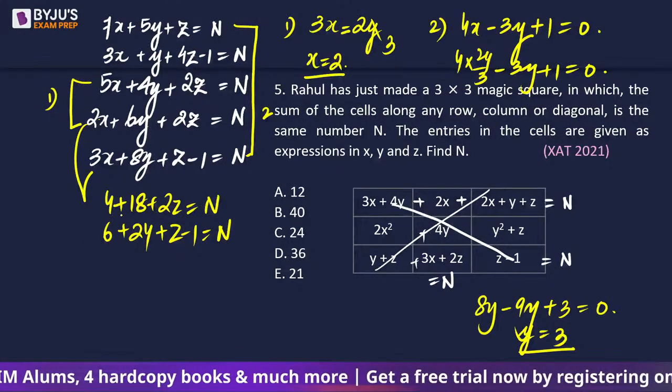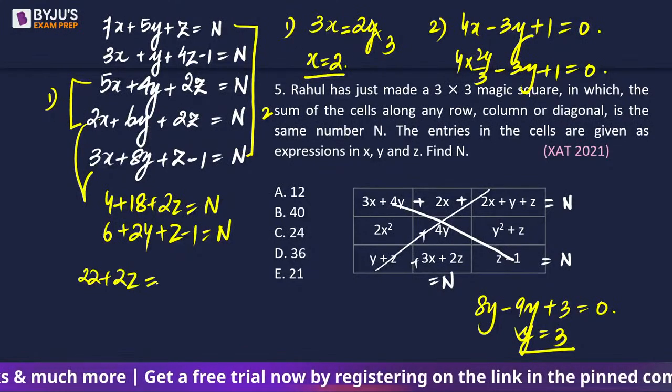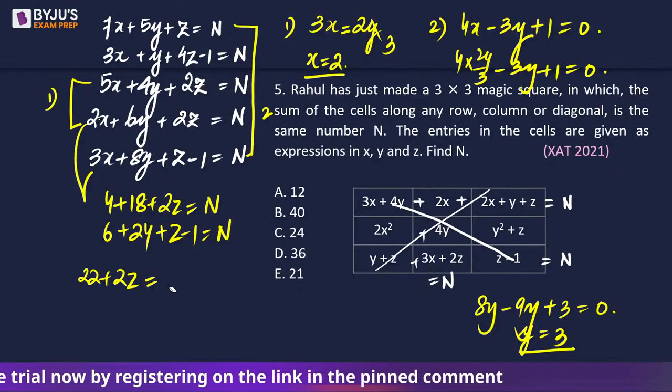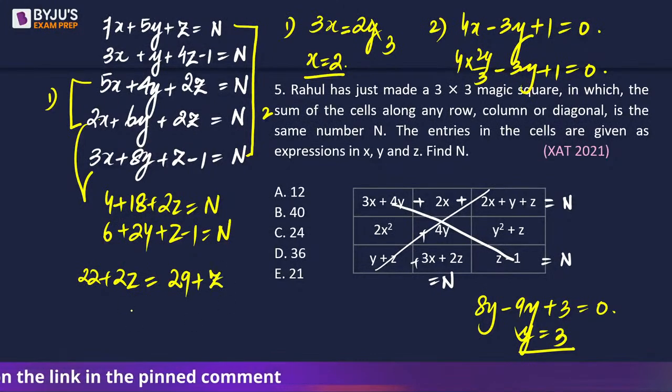So here we will have 18 plus 4, which is 22 plus 2z is equal to 30 minus 1, 29 plus z. 29 plus z, or we will get z is equal to 7.